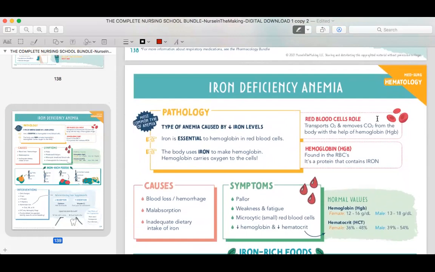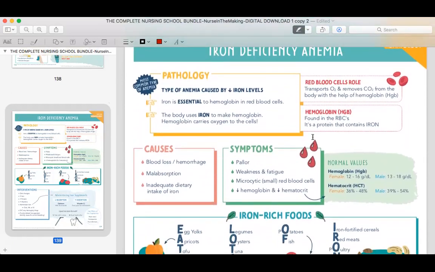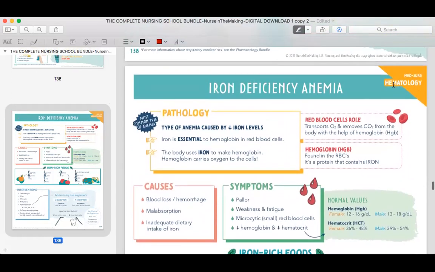Now we get into the hematology, iron deficiency anemia. Side note, there is one medication that does show up on ATI, and it's on one of the flashcards for hematology. Am I saying it right? Let me see if I can pull it up.